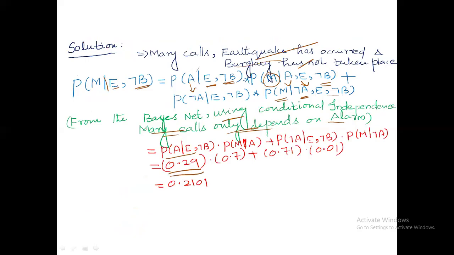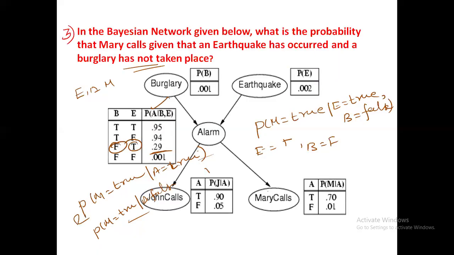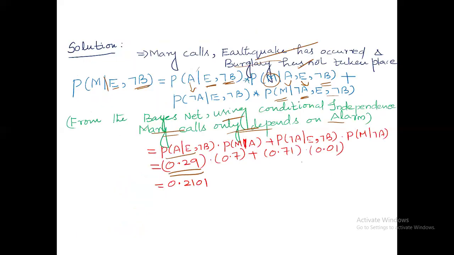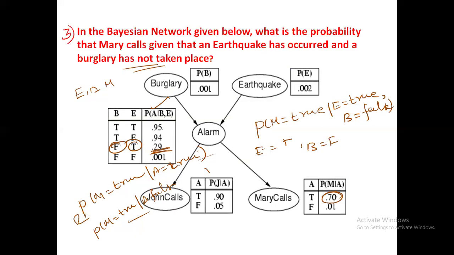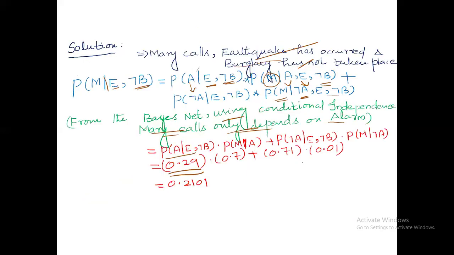And Mary calls once the alarm rings, that is 0.70. Next, plus probability of A bar given E comma B bar, the same thing we have to write, and 1 minus 0.29 is equal to 0.71.